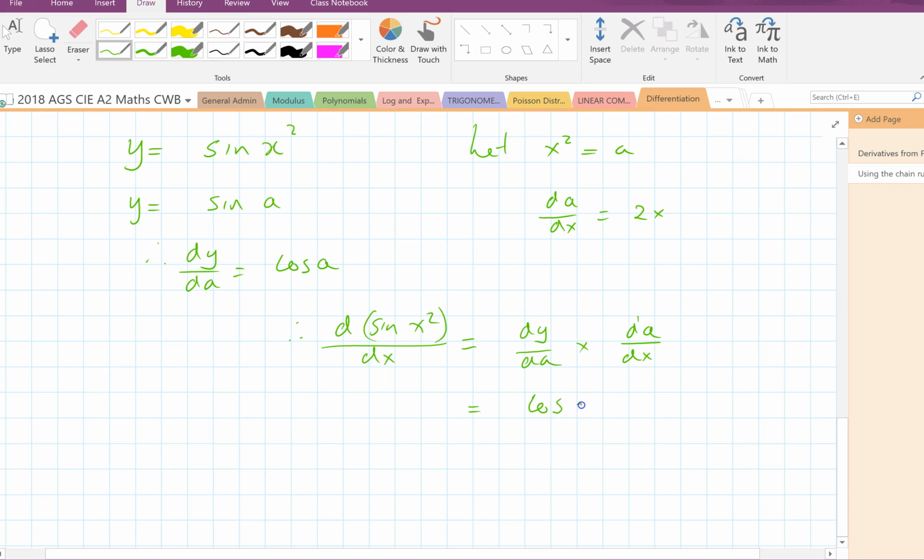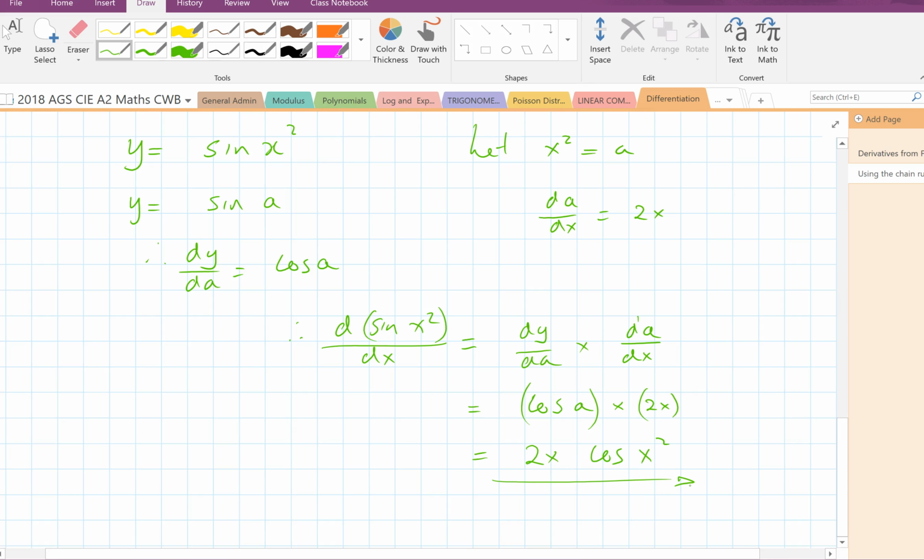This was cos a, and this was going to be 2x. In other words, my full derivative is going to be 2x cos of x squared. So that's what we're anticipating it should be. Let's go and see if that's what actually happens when we go and graph this.